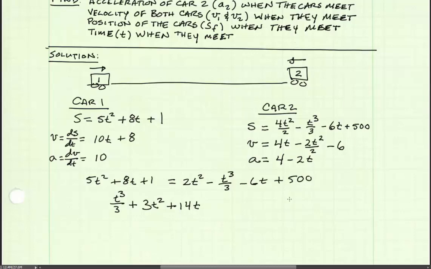If I bring the positive 500 to the other side, I end up with a minus 499, and all of that equals 0. Now I can use a solver on a calculator to figure out what the roots of this equation are, and I will find that the only viable answer is that my time is equal to 8.190 seconds. And that's one of the answers that we're looking for.